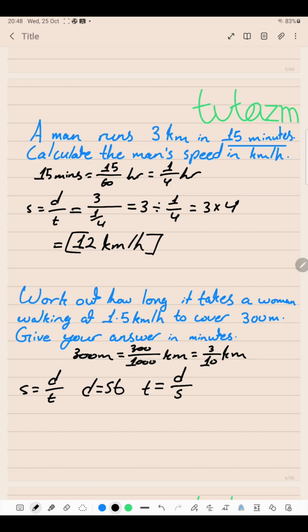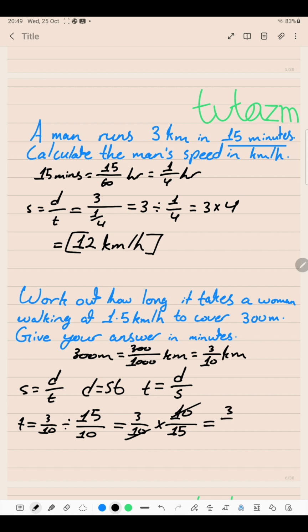Now we can put our values in. So the time would be equal to 3/10 divided by 1.5 kilometers per hour, which is 15/10 as our speed here. And because we're dividing, we're going to take the reciprocal of our speed here. So it's going to be 3/10 times by 10/15. Tens cancel out.